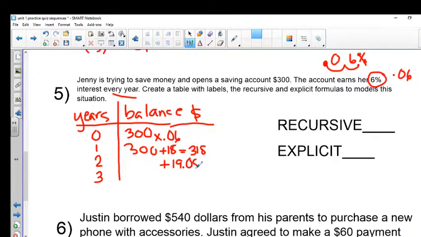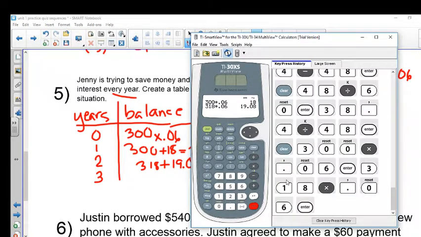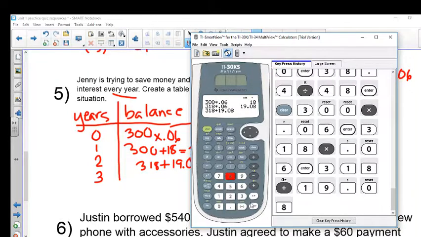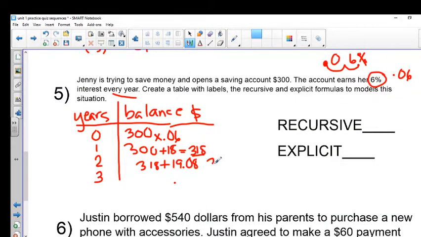So we're going to add that to our previous amount of 318. So we put that in our calculators: 318 plus 19.08. And we get 337.08.